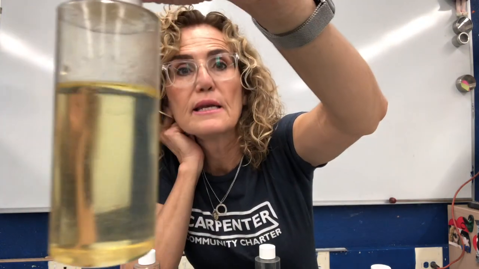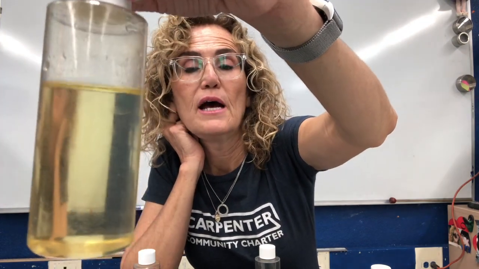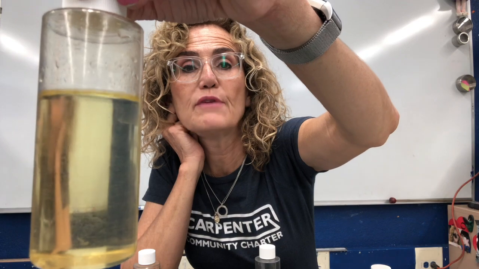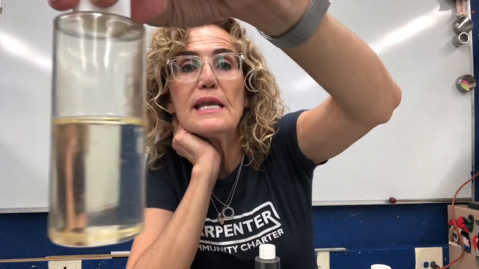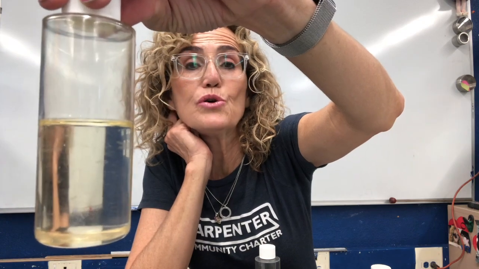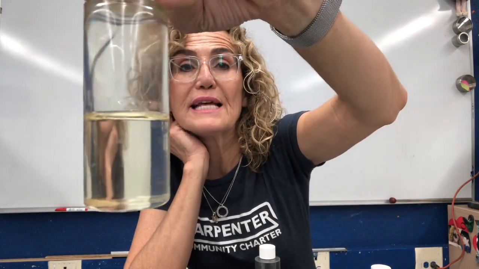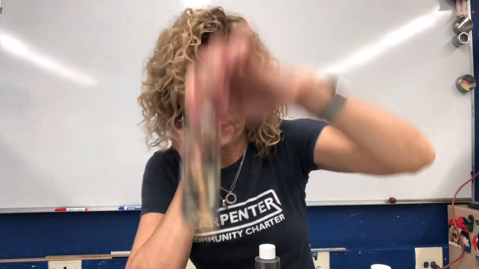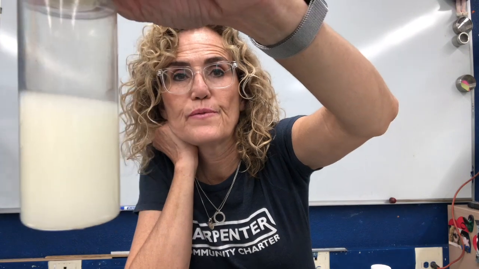This one is oil. It doesn't have to be fancy olive oil, just any kind of oil. This one is Karo syrup, but you could use honey or any other liquid that's thick like that. And this one is hair conditioner.